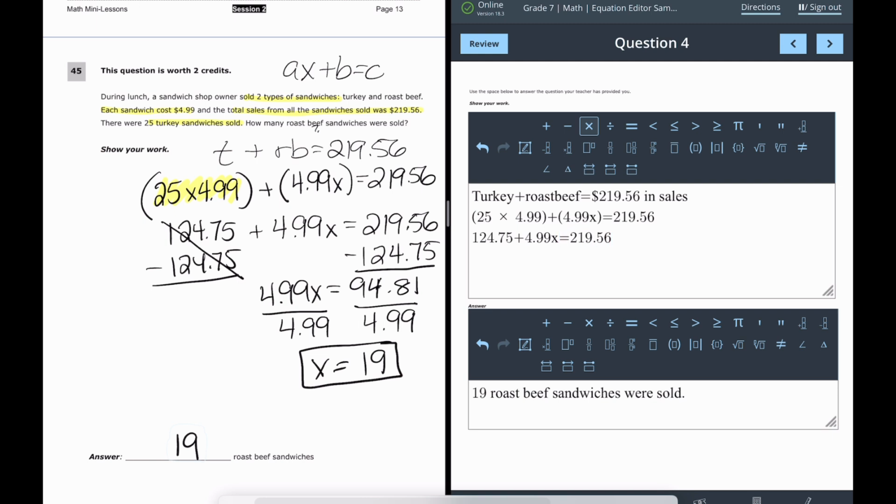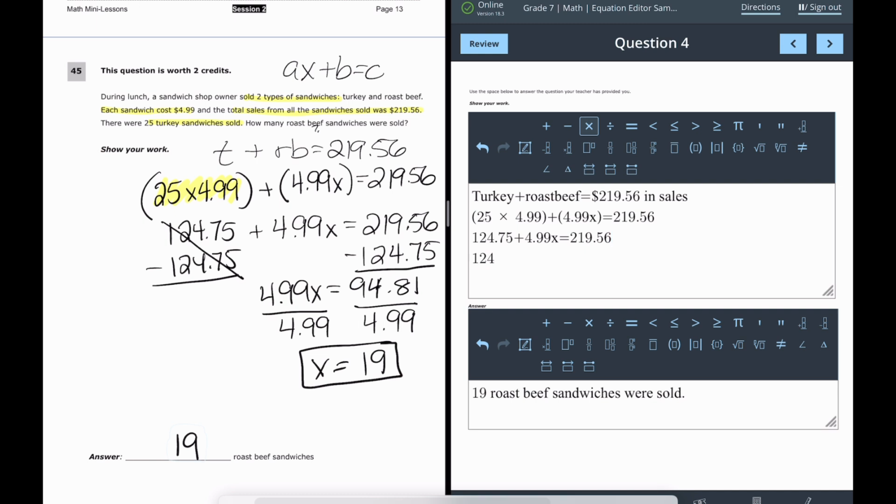All right, so remember, this is where I can't show unless I have a pencil, and I'm doing this assuming that most kids don't. So the first thing I'm going to do is show that I'm subtracting 124.75 from both sides.